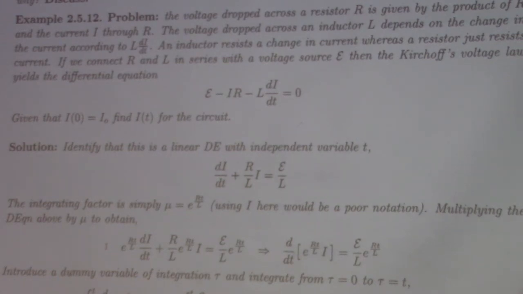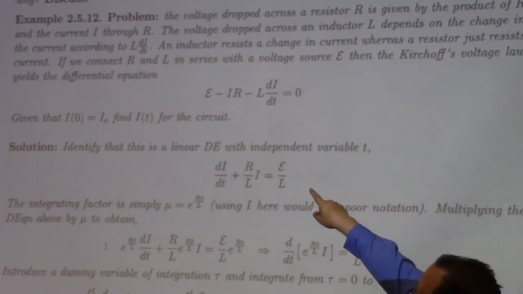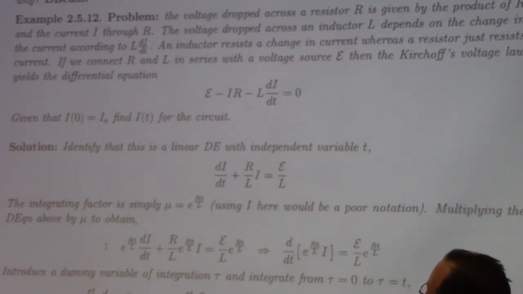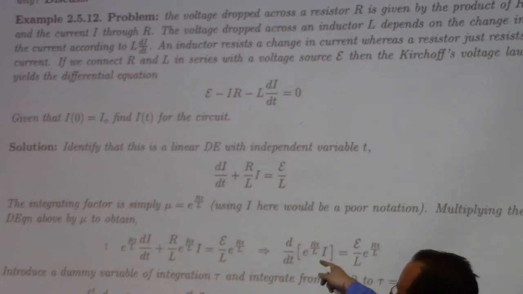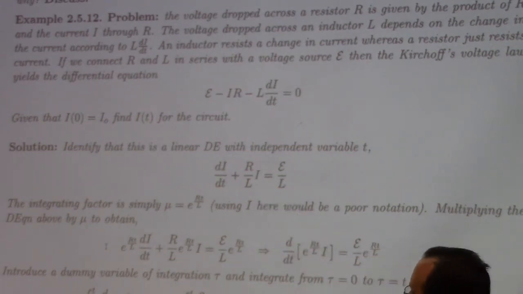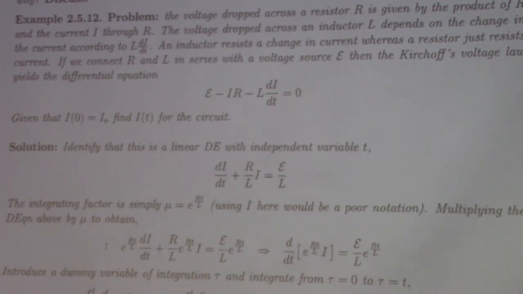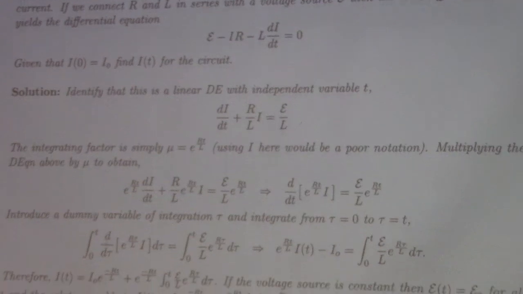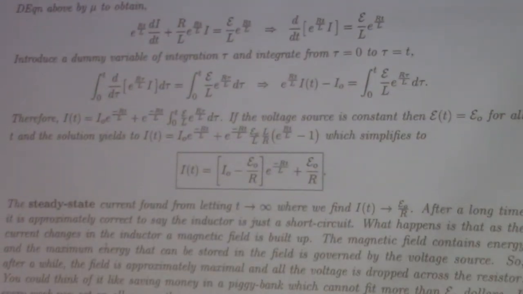No change in current, no voltage across the inductor, right? The current's steady, and there's no voltage there. But anyway, if you look at Kirchhoff's voltage law, there it is. But what is that? That's a first-order differential equation. In fact, it's a linear differential equation. You can solve it with the integrating factor method, and you'll find the current as a function of time for an RL circuit. There it is.